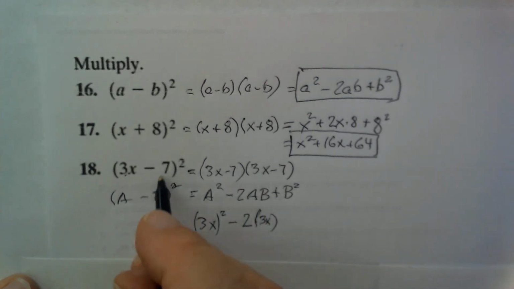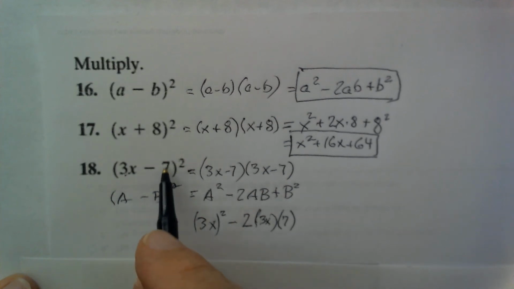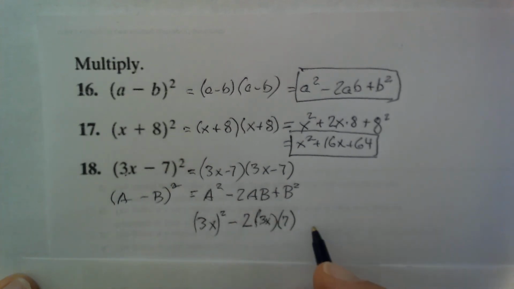And b corresponds to 7 in this case, because we already have the minus sign. And then b squared means we square b, so plus 7 squared. So in other words, wherever you see an a, you replace it with 3x. Wherever you see a b, you replace it with 7.